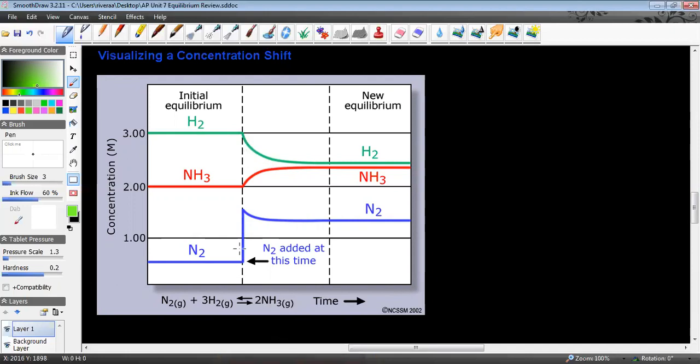So my N2 concentration spikes and then starts to go down as it gets used up, my H2 starts to go down as it gets used up, and my NH3 goes up. Now I have different values for nitrogen, ammonia and hydrogen, but the proportion of all of those values is still the same. The proportion of nitrogen to hydrogen to ammonia remains constant because K is a constant.